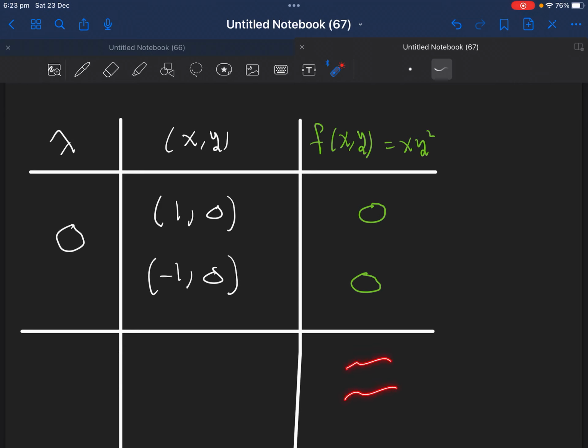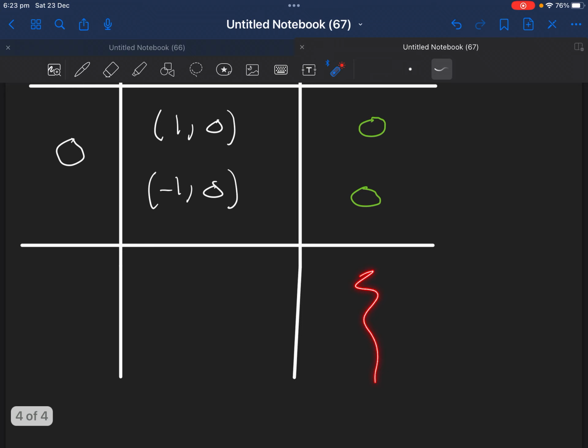So we have to wait for the other possibilities. If the other possibilities are, for example, 1, 3, and negative 1, we will assume this is the max and this is the min. And if all of them are, for example, negative, then this will be the max because it is the highest one. So we have to wait until we finish all of this.